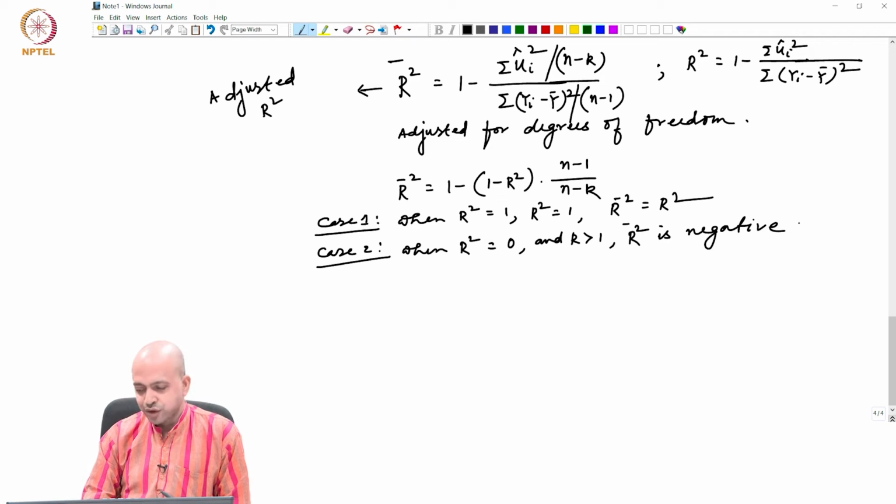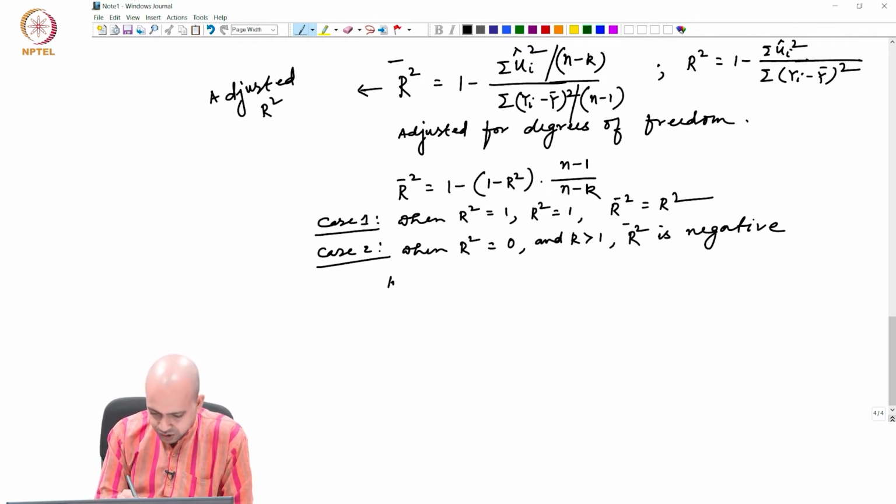Okay, r bar square may become negative also. That means while r square lies always between 0 and 1, r bar square may become negative when r square equals 0. Of course, that is a very rare possibility that in a model r square equals 0, but theoretically this is also possible.